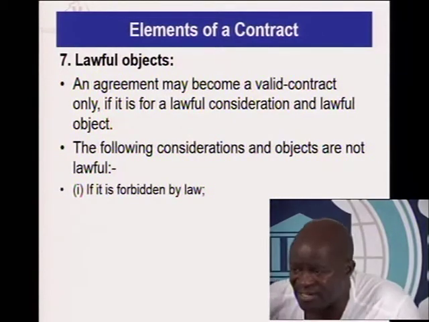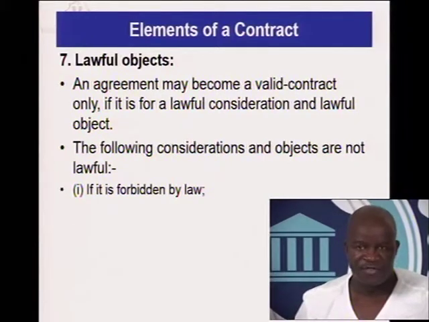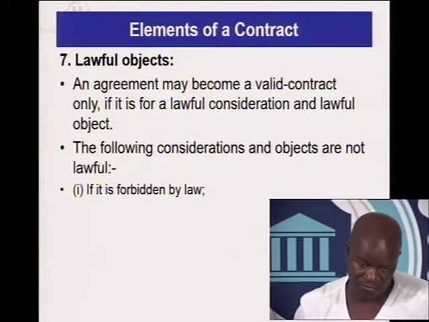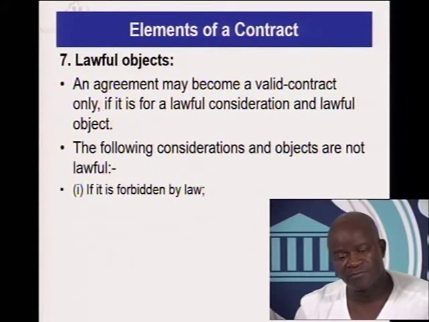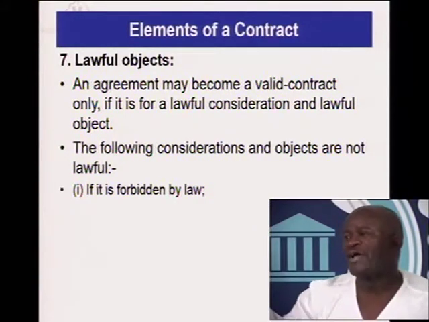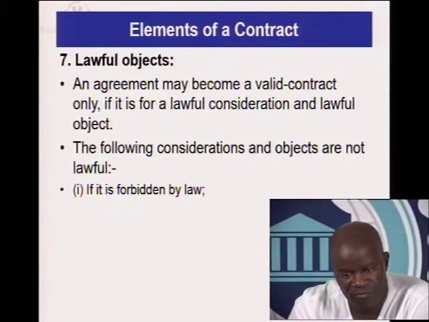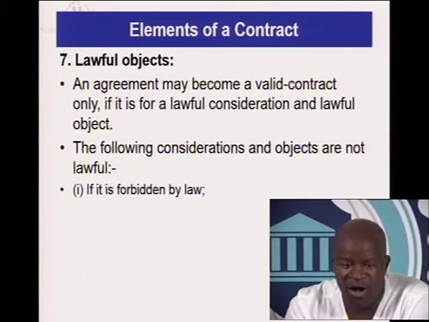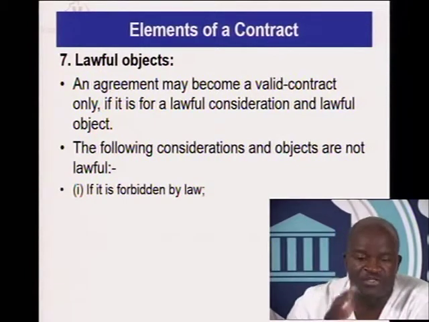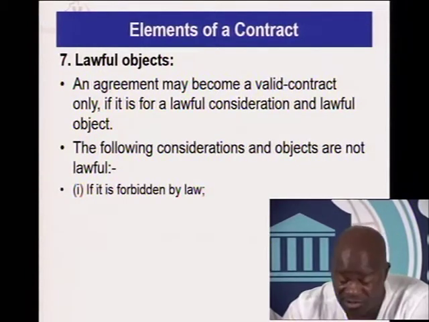You cannot go out at night for the purposes of prostitution. Then you get a client in the streets of Windhoek. Then you agree to go and spend some nice time together at a lodge. And you agree, after spending the night together, I'll need so much money. But you don't get the money.